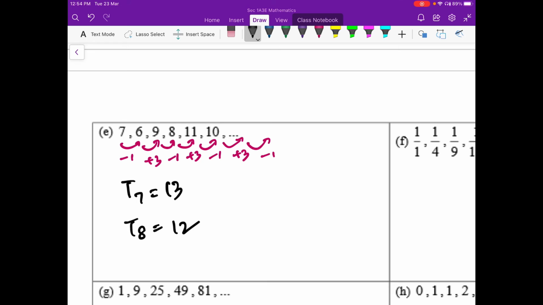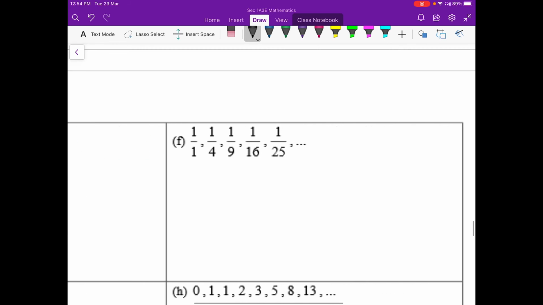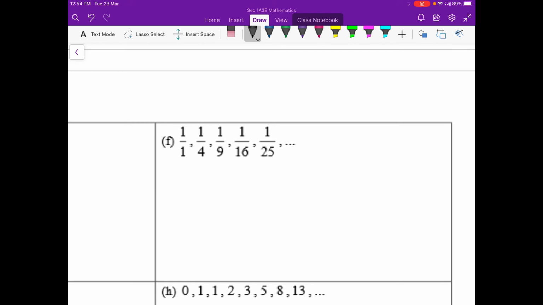Okay, what about this now? All fractions. 1 over n squared. I see that the numerators are all ones. So I think the next term will also be 1. Term number 1, 2, 3, 4, 5, 6. Term number 6, 1 over something.